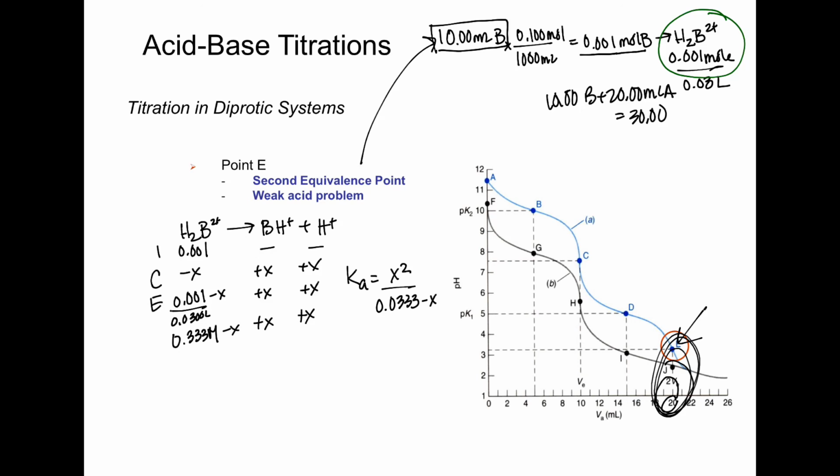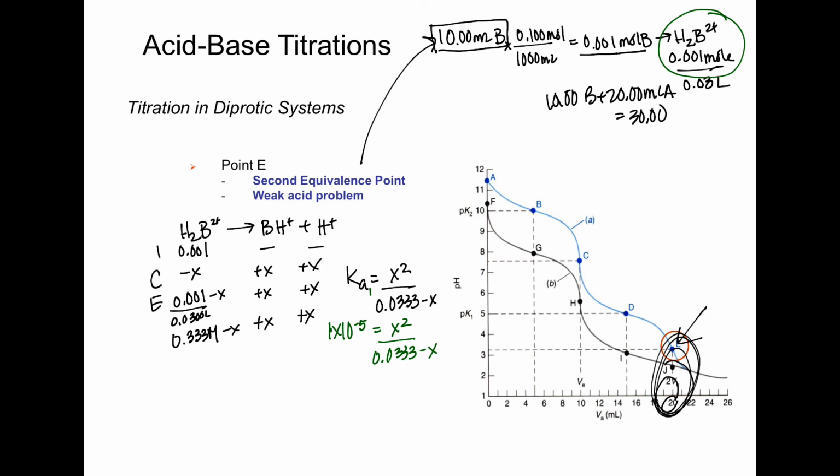And remember, I'm talking about my Ka1 here, so that's 1 times 10 to the negative fifth. I'm always looking to not do a quadratic equation if I can help it. So if I take this number and I multiply it by 1,000 and it's still less than this number, I can say that x is negligible.